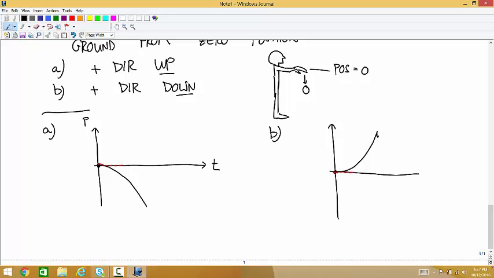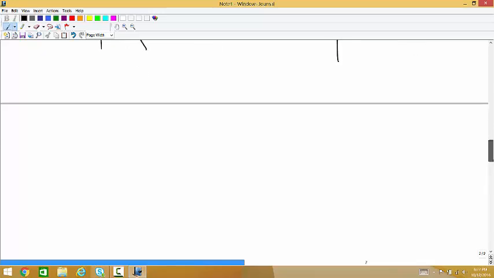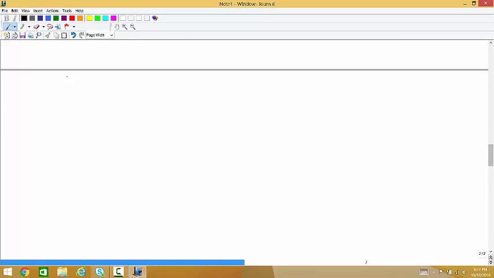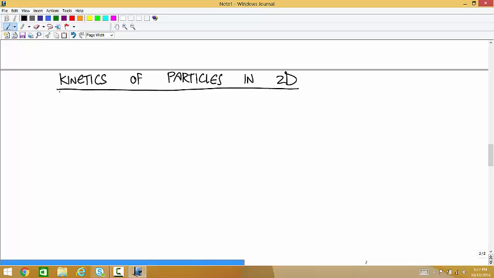Okay, so now we're going on to the next topic. That's kinetics of particles in 2 dimensions. And so what does kinetics mean?